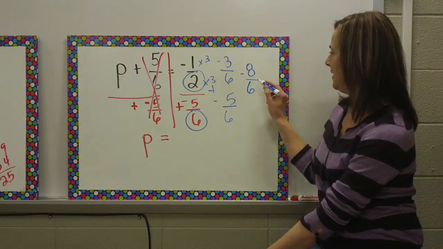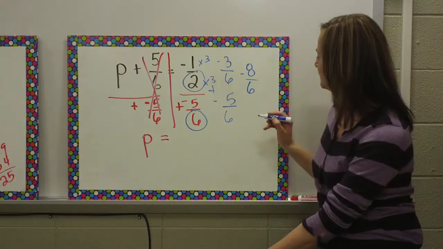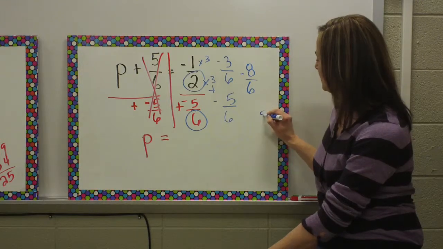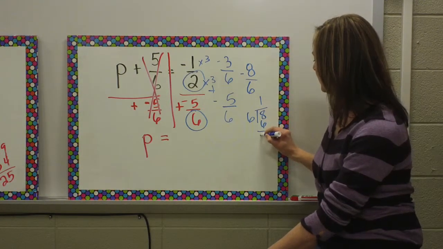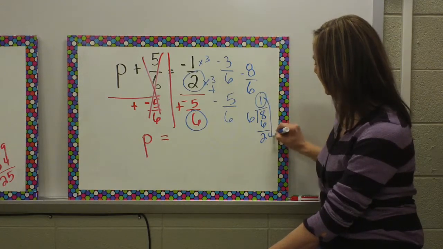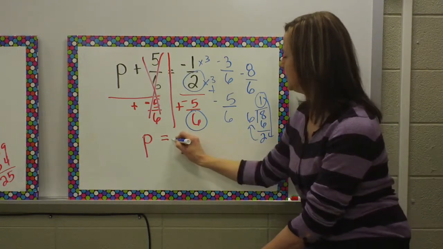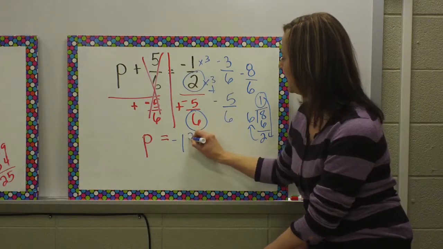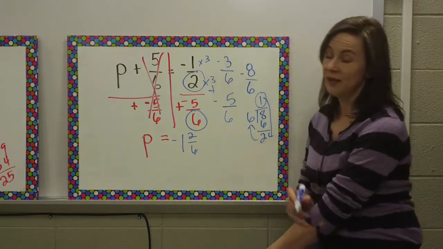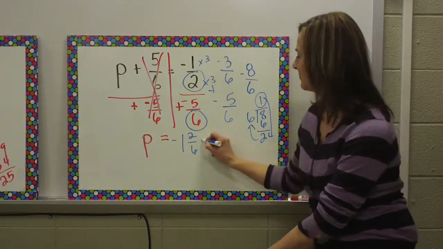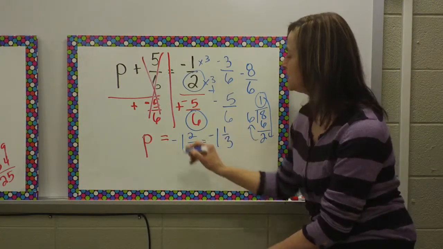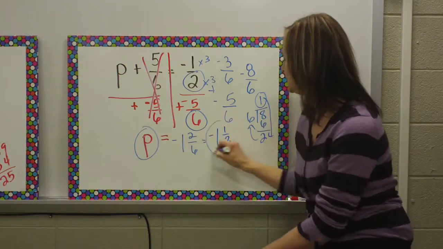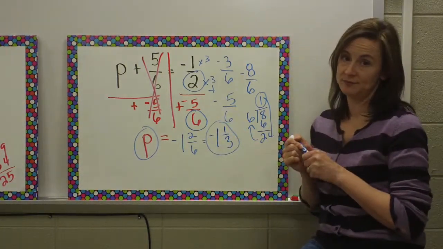Now because I have an improper fraction, I'm going to have to rename that. So 8 divided by 6, I'm going to get 1 with 2 left, 1 and 2/6. So p is going to equal a negative 1 and 2/6, which I can simplify to negative 1 and 1/3. So I believe that p equals a negative 1 and 1/3.